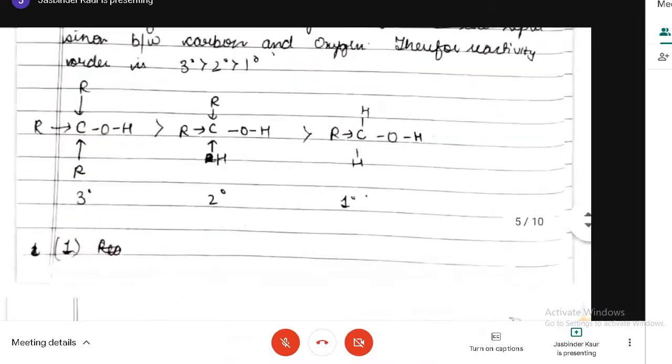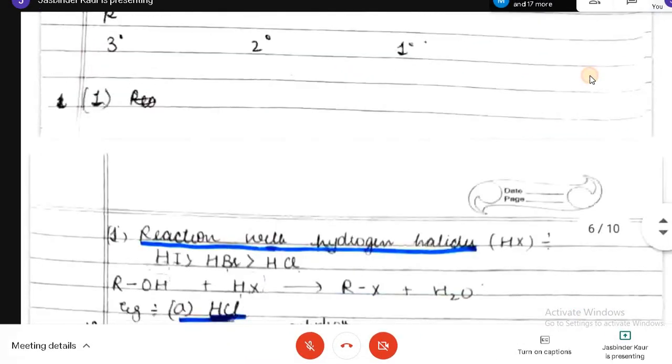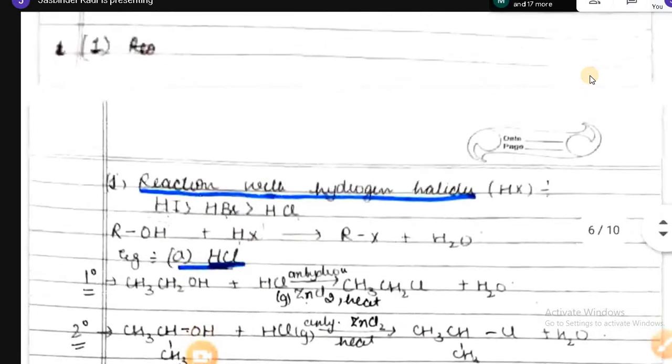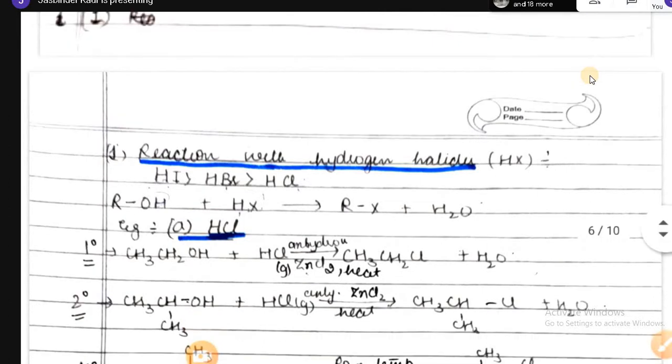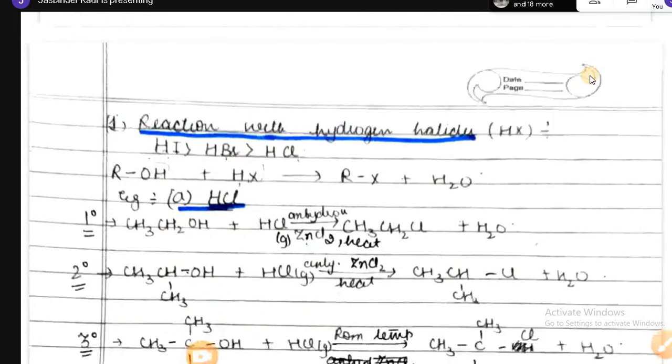And then come the reactions. First is reaction with hydrogen halides, HX. If we talk about hydrogen halides, that is HI, HBr and HCl, out of these, which is more reactive? More reactive is HI, then HBr, then HCl. Why?